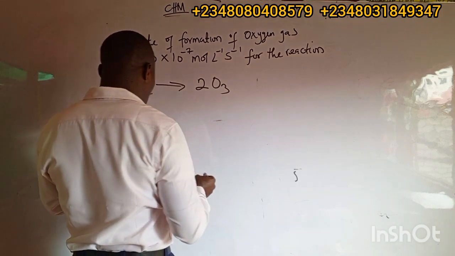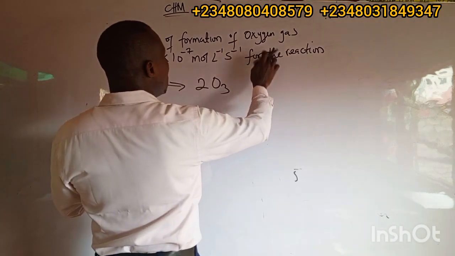What is the rate of disappearance of O3?